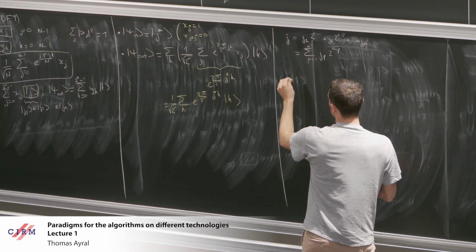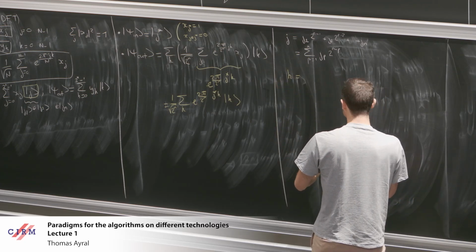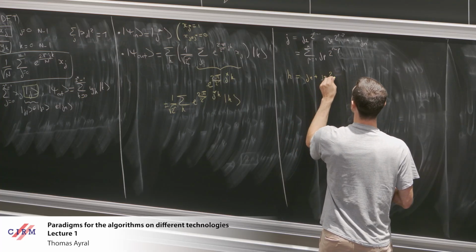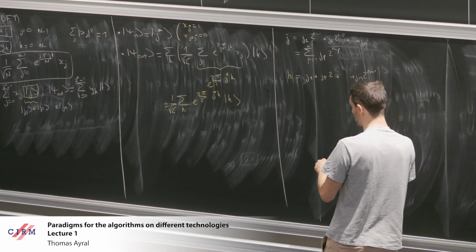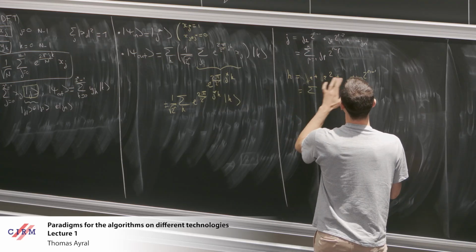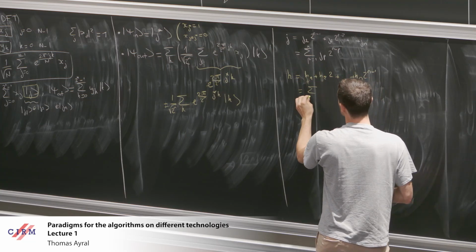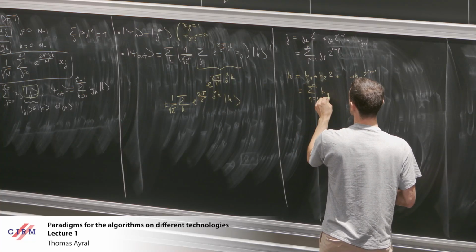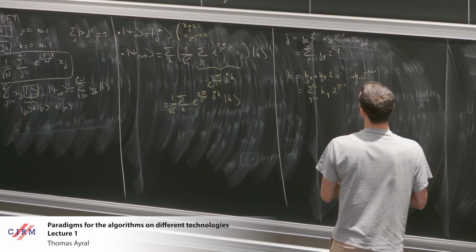And now what is a bit strange is that I'm going to use a different binary decomposition for k, which is going to be k1 plus k2 times 2 plus kn times 2 to the n minus 1. Why not? I can always choose to do that. Sorry, k. Thanks. So k1, k2, kn. And so now I have the sum over q from 1 to n of kq 2 to the q minus 1, if I don't make any mistakes. Okay?